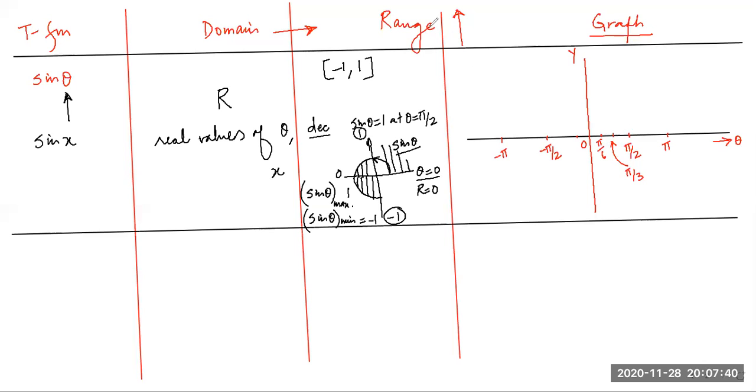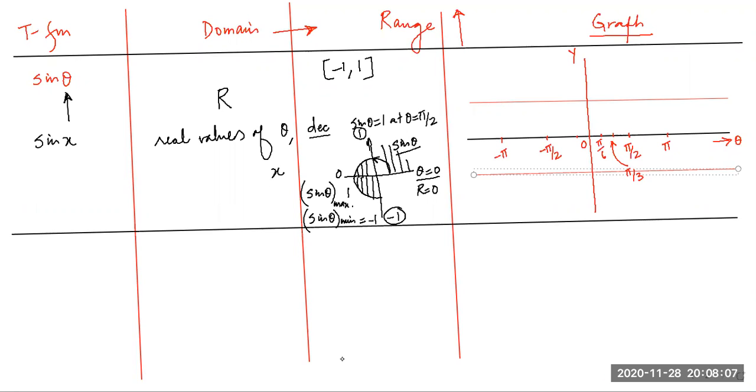So you see, what is sine 30? Now one more thing. You see that I draw one more line here. Let's say this is 1, and this is minus 1.